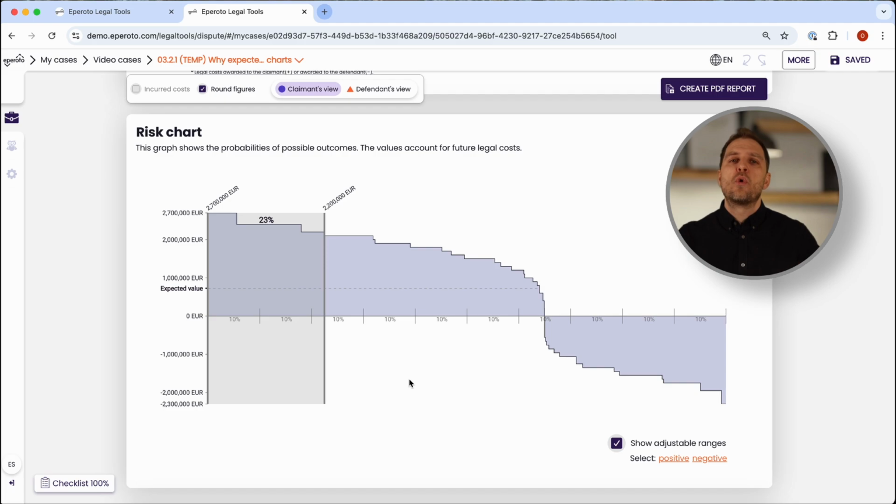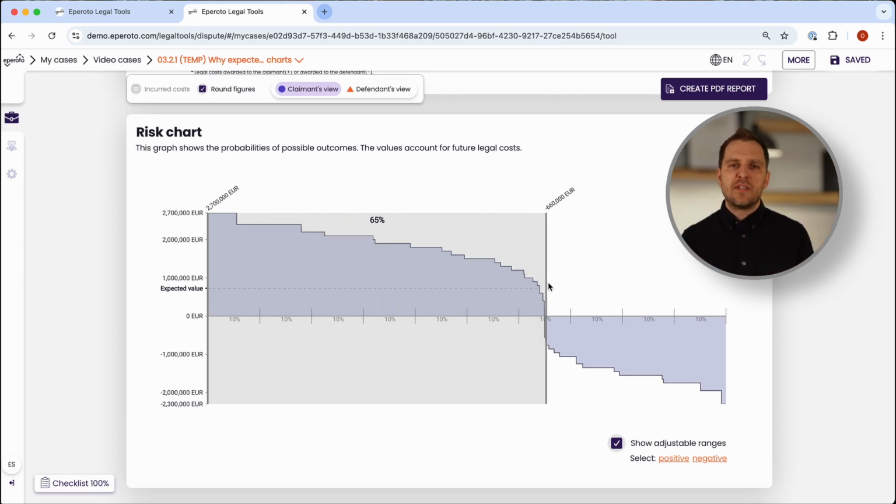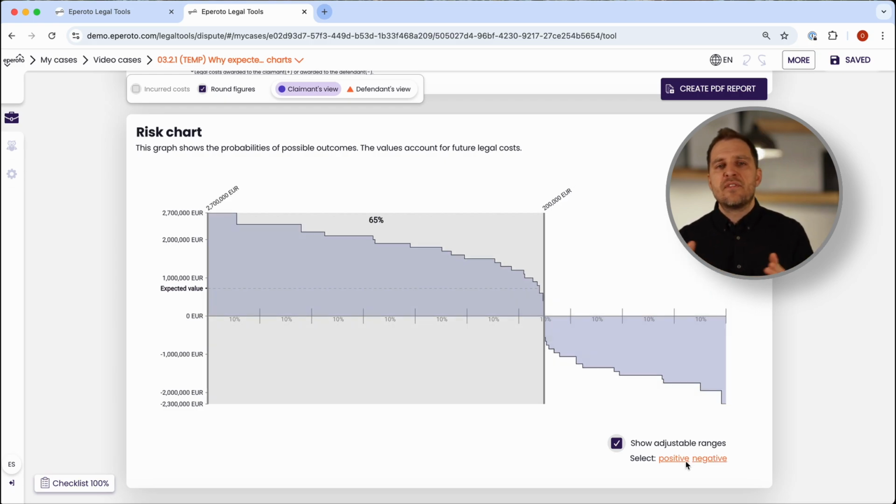Each outcome or group of outcomes is shown as a bar or an area with the height showing the value and the width showing the likelihood. We can see both the value and the probability of the upside and compare it directly with the value and the probability of the downside.